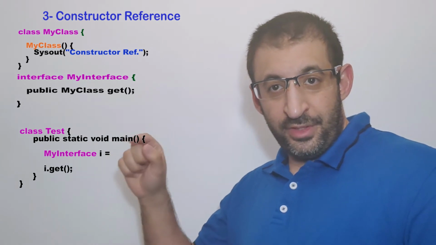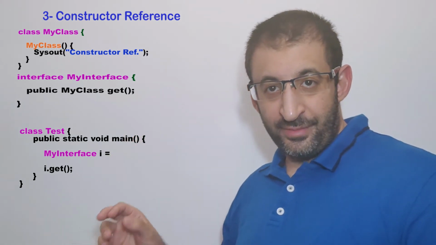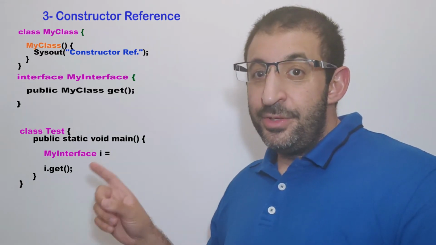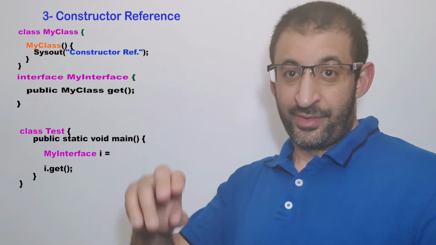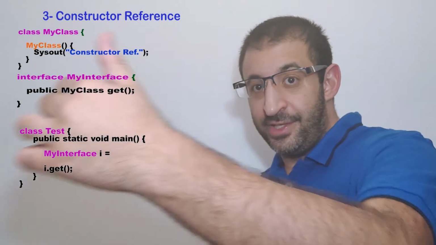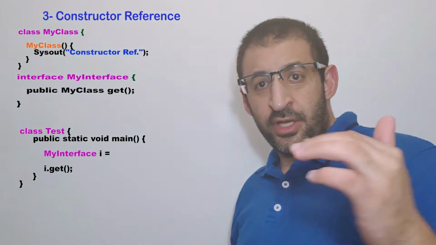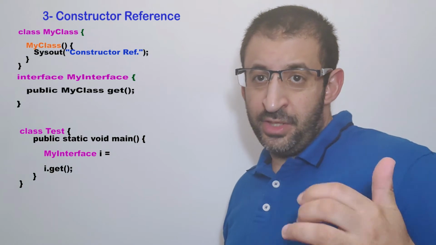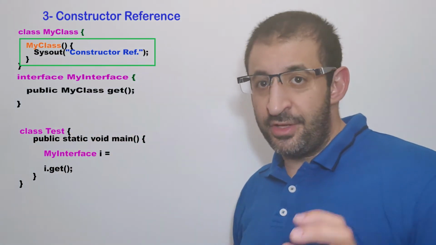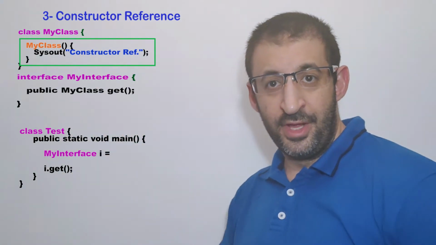I have the constructor of my class, and when I create my interface e, here I will use the constructor reference. Of course, I suppose that the implementation of get exists in the constructor, or in an instance method or static method of the class. But in this case, it exists in the constructor, so I can refer to this constructor.